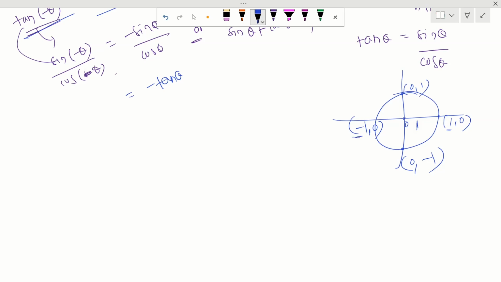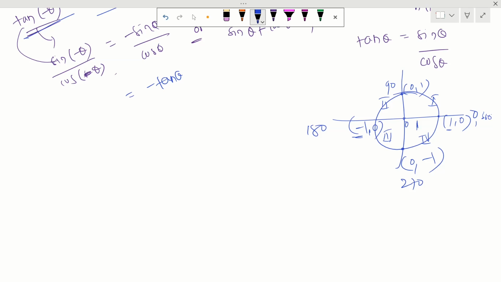You understood this, right? This is the first quadrant, second quadrant, third quadrant, and fourth quadrant. Here is 0 degree, first quadrant ends at 90 degree, then 180 degree, then 270 degree, and this is 360 degree.